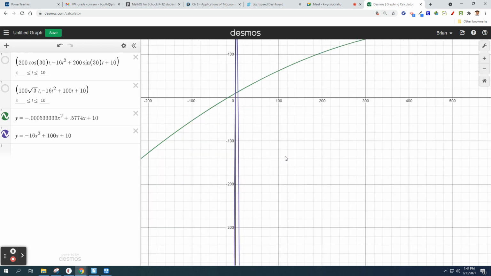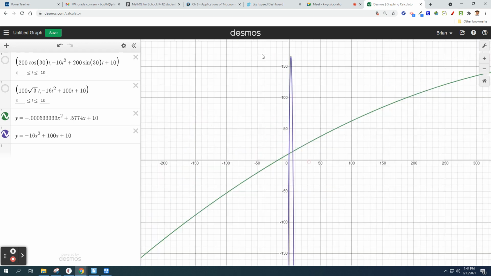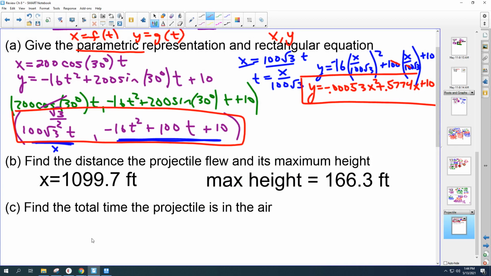And notice it puts this parabola in there. This parabola is talking about the t variable. And we can see that max height is still 166.3, but this number right here is when it hits the ground. So we're talking about the t, and when the time hits the ground, it's about 6.3 seconds. T is about 6.3 seconds.